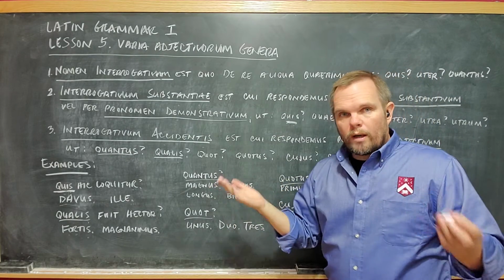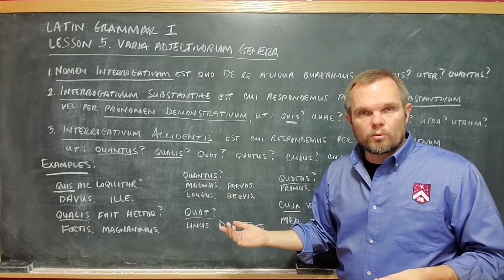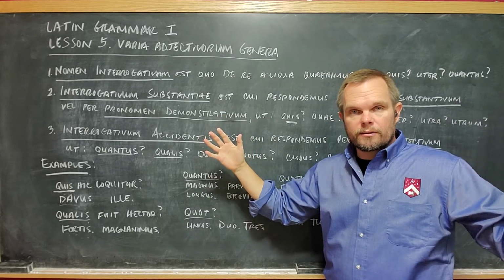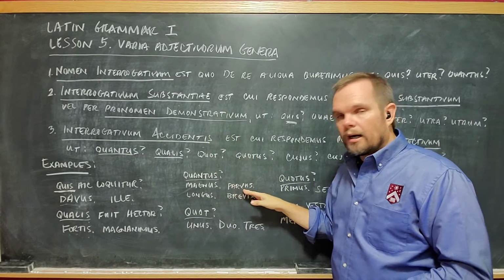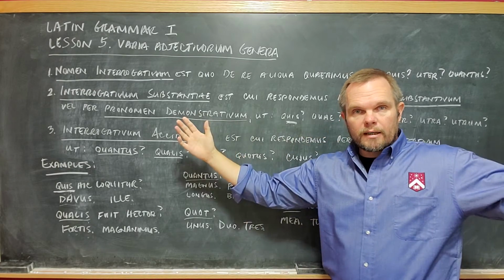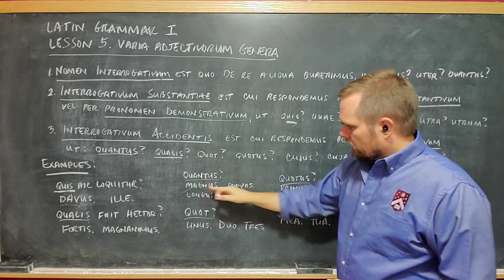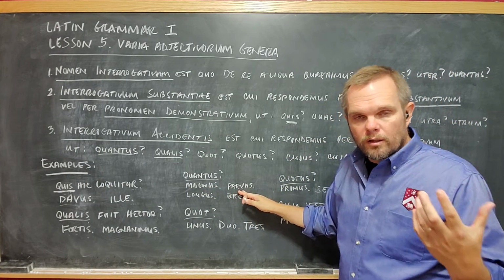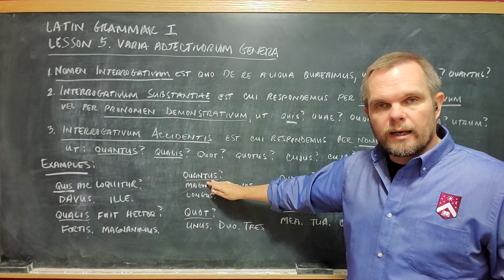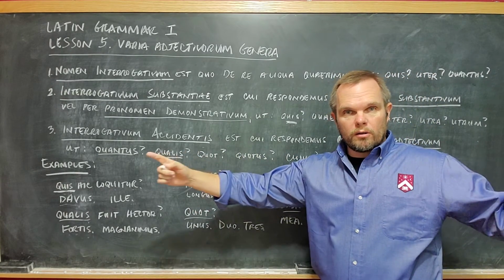So if we ask quantus, how much, how great, typical answers will be magnus, which means great, great in size, or parvus, which means small in size, magnus et parvus. These adjectives speak of magnitudes, and they answer the question quantus, how much. Also, longus, which means long, longus.